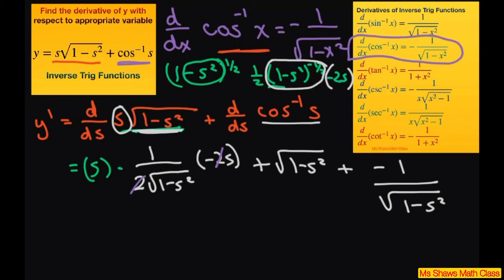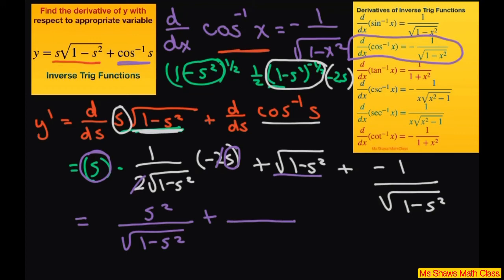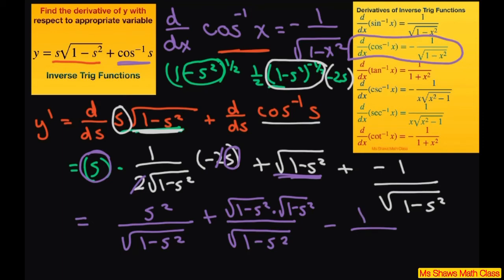So if you multiply this together, you're going to get s times s is s squared divided by square root of 1 minus s squared. Now, I want this to have the same denominator. So if I want this to be the denominator of 1 minus s squared, I have to multiply this by that. So we have square root of 1 minus s squared times square root of 1 minus s squared. All right, and then we just copy this down.